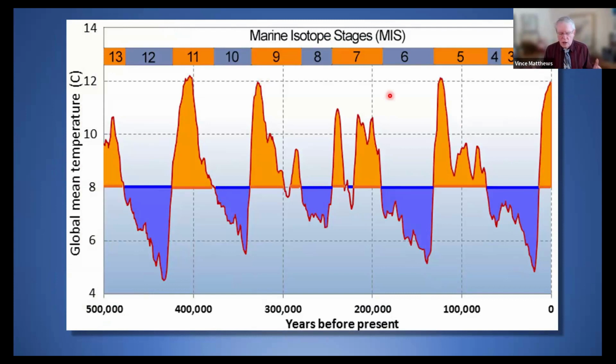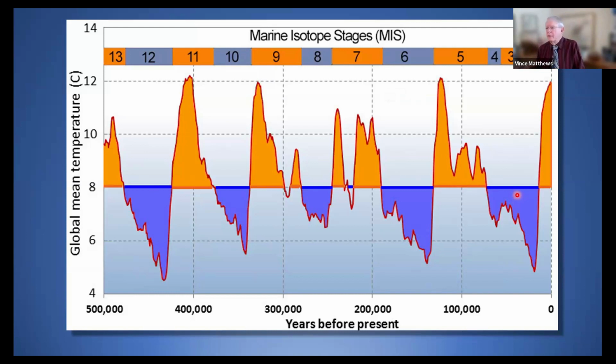They're now talking about marine isotope stages, and you don't need to know the details about this, but these are derived from marine, being ocean sediments, and isotopes within them, and these isotopes give us a feeling of what the temperature was at that time.